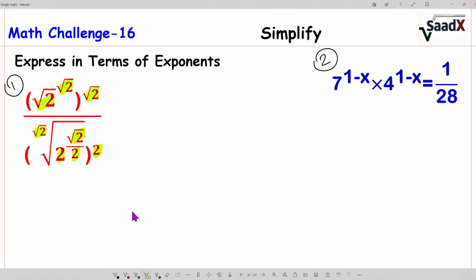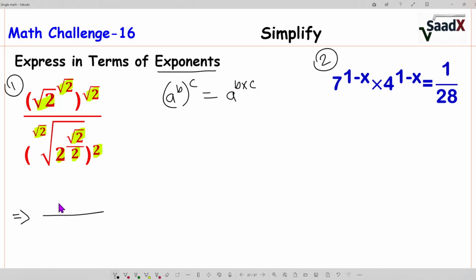Very impressive question. So we are trying to solve this one step by step and should follow in terms of exponent. First, look, a to the power b to the power c, we can write as a to the power b times c, right?